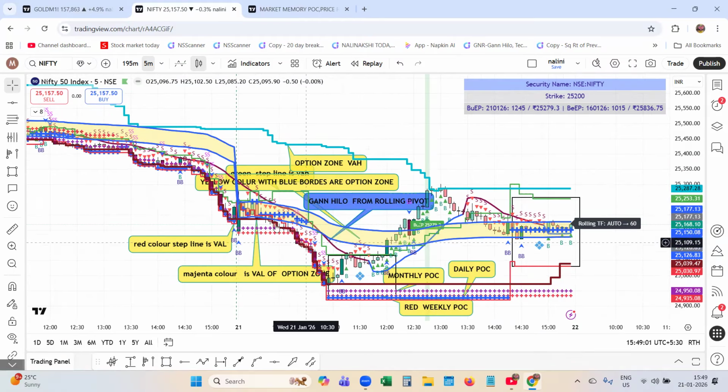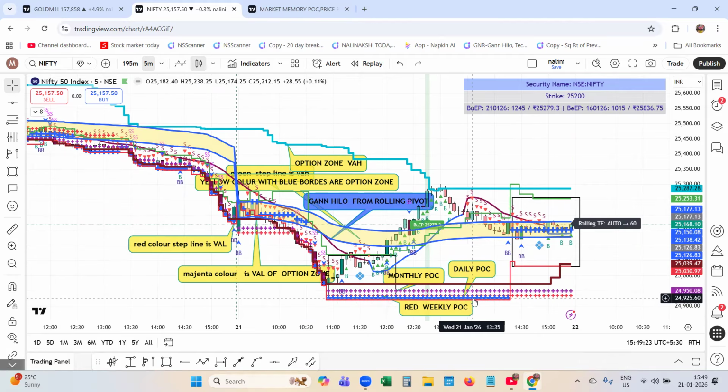It rallied up from where it had fallen down, and finally closed between 25,157, and the low was 24,969.